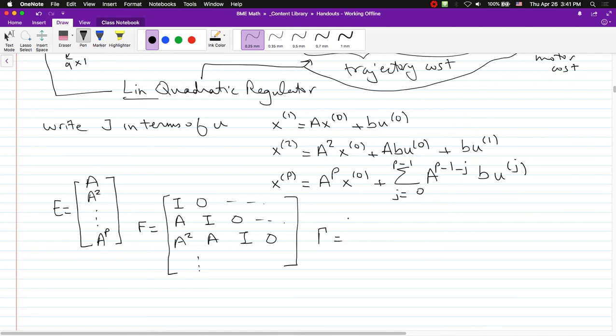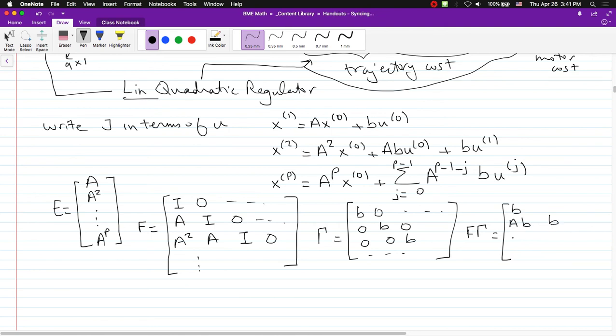Matrix gamma as B 0 0, B 0 0, B 0, and so forth. And so when I have that, F times gamma is B, A times B, B, A squared B, A times B, B, and so on, 0 0.